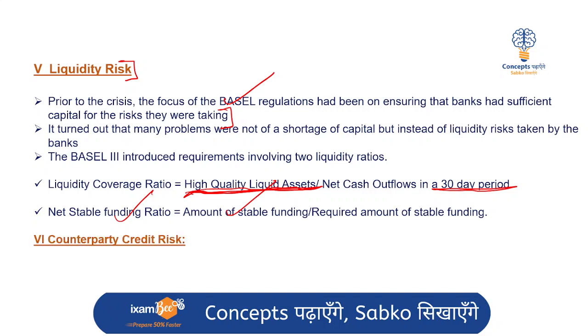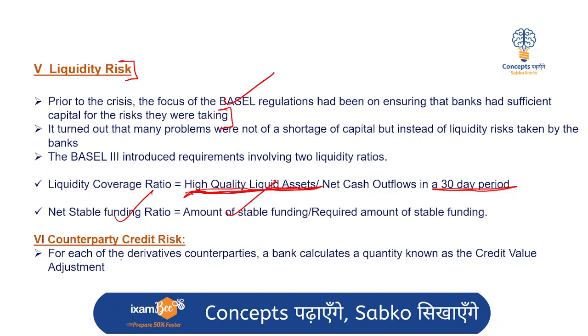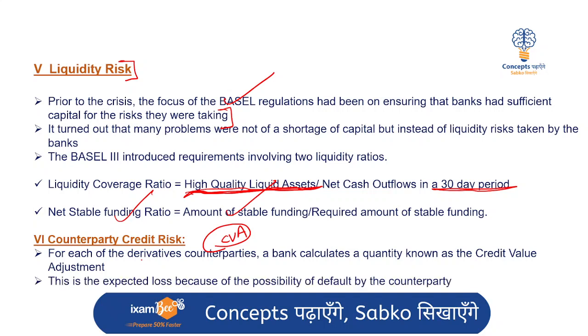The other is counterparty credit risk. For each of its derivative counterparties, a bank calculates a quantity known as credit value adjustment. That is the expected loss because of the possibility of a default by the counterparty, right? So for each of the derivatives, this counterparty credit value adjustment calculation was important.